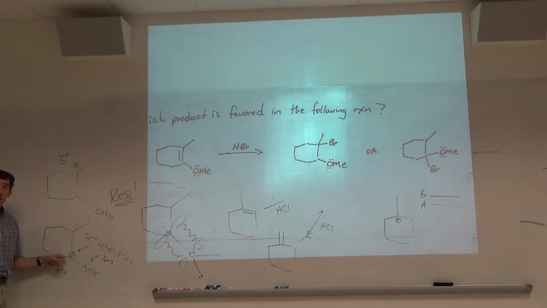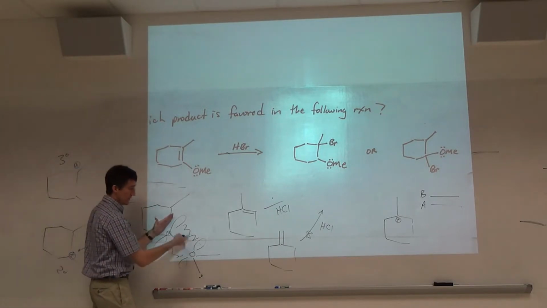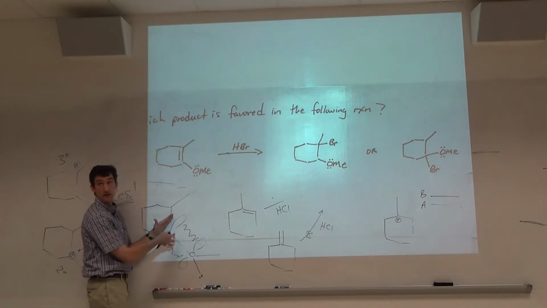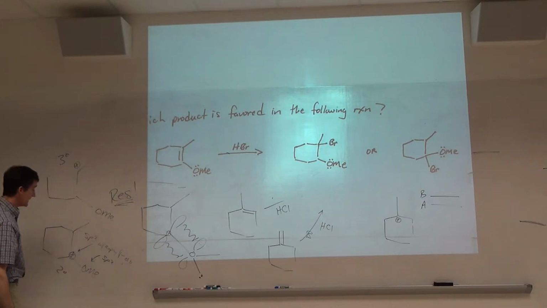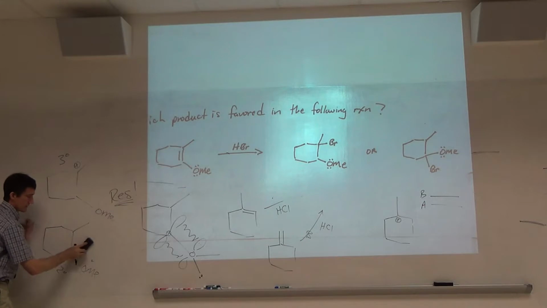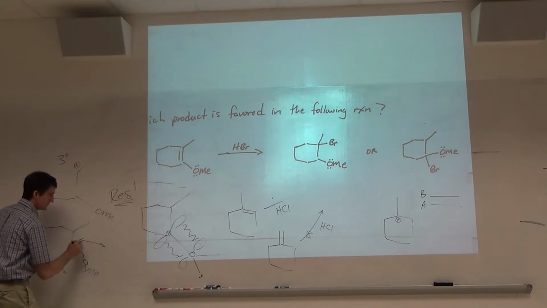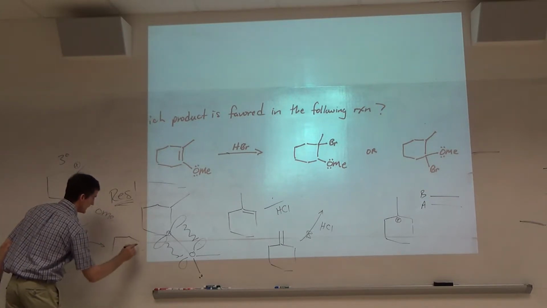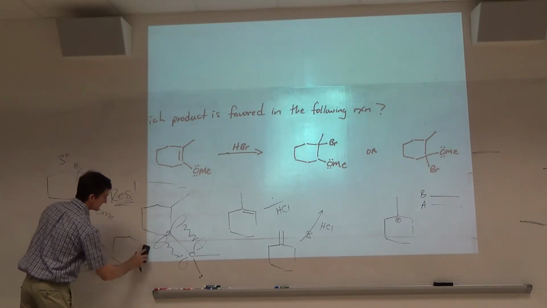A resonance stabilized carbocation is a great thing, and it's better than a non-resonance stabilized one. This p orbital overlap is akin to almost bonding. And we can actually show a resonance structure where we take these electrons and move them in, and show an alternative Lewis structure.